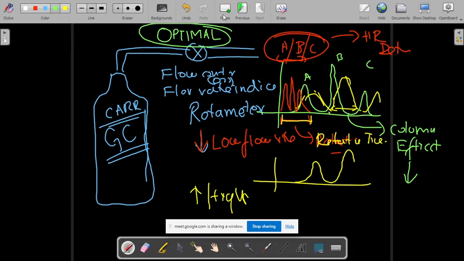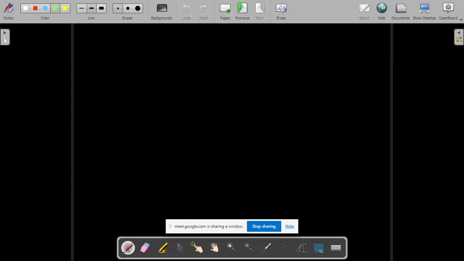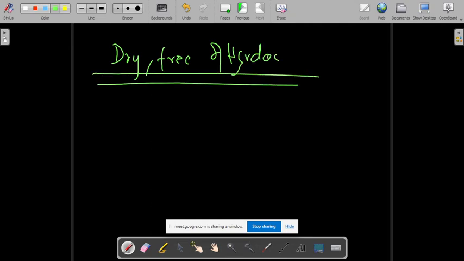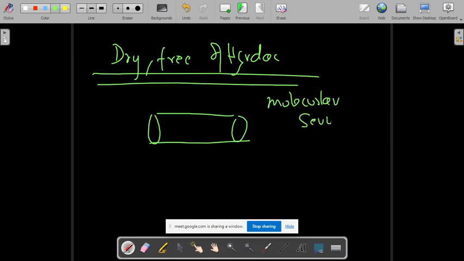Fine. Also, this is the carrier gas that is going to take away your sample, so it should be dry and free of hydrocarbons. To facilitate this, you have a filter called a molecular sieve, which is going to trap any water and any hydrocarbons that are present.